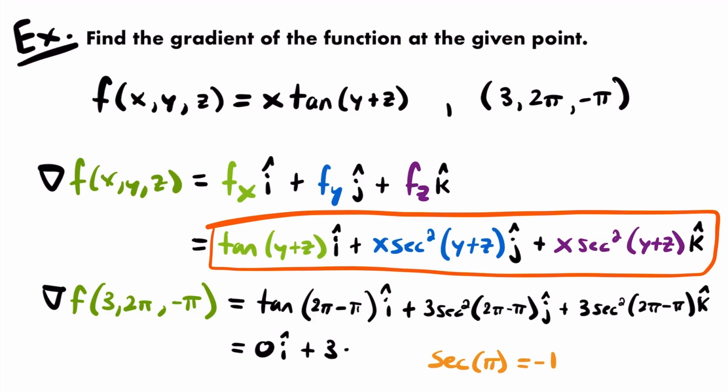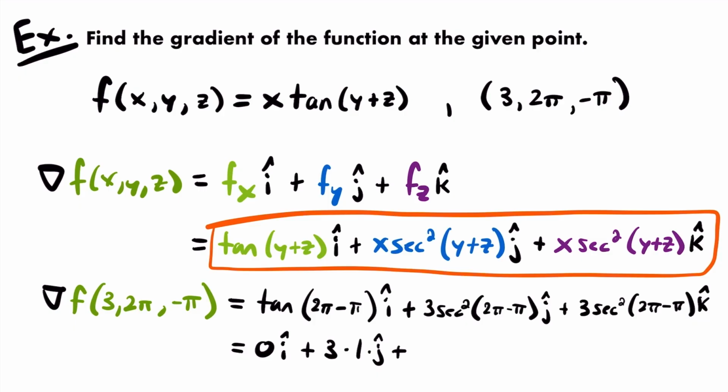So if you have secant squared of pi, then you want to square both sides, and so secant squared of pi is equal to 1. All right, positive 1, not negative 1, even though secant of pi is negative 1, because it is squared the result is positive 1.